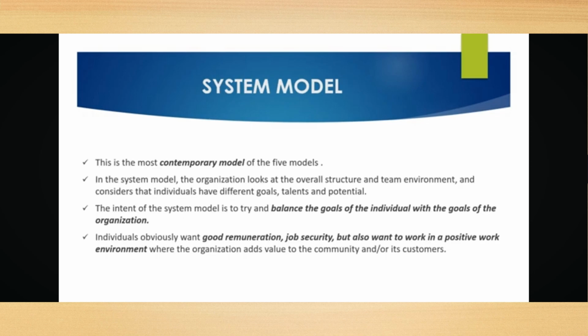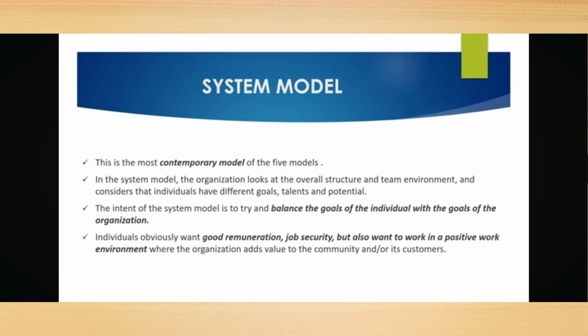The last model is the system model. This is the most contemporary of the four models. In the system model, the organization looks at the overall structure and team environment and considers that individuals have different goals, talent and potential. The system model talks about the basic structure of the organization and how individuals have different goals and how they achieve their own goals.